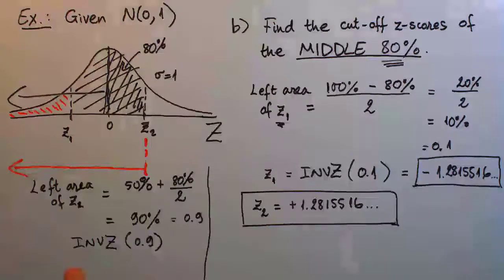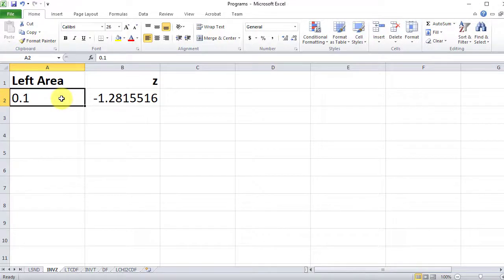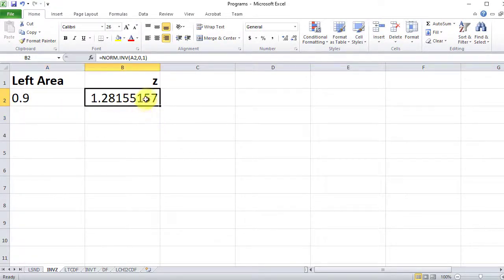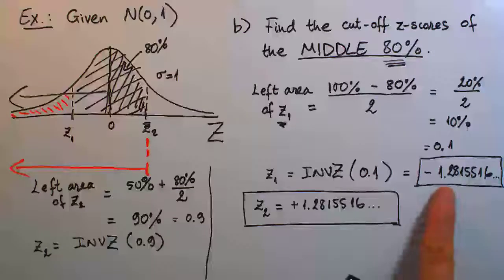So with INVZ running on the given area of 0.9, I hit enter and look at the result right here. Microsoft Excel rounds it slightly off, but technically speaking, it is exactly the opposite value of negative 1.28155516, so it's just exactly the same.